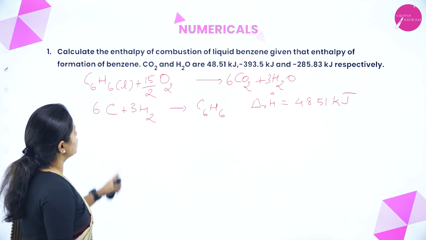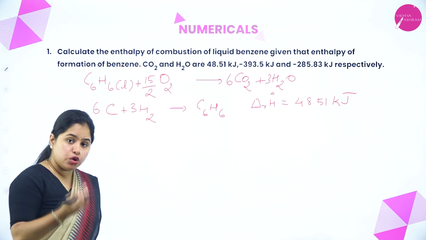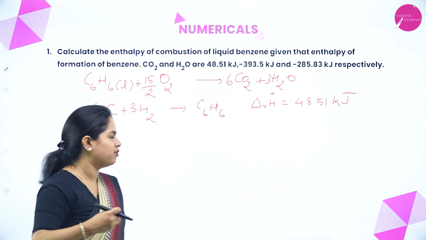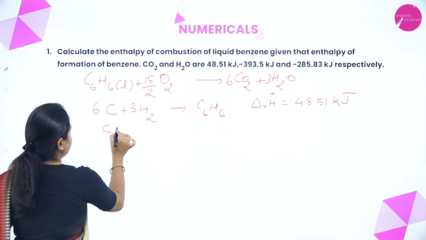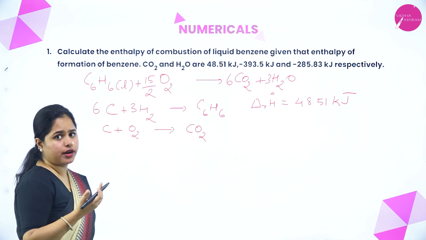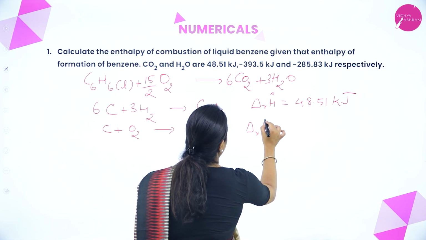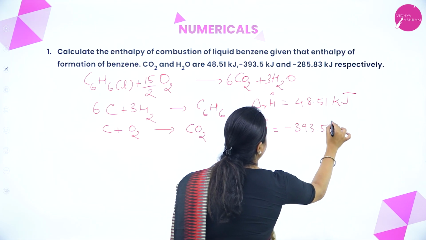Now moving on to the next one, the enthalpy of formation of carbon dioxide is also given. So you need to know the equations for the formation of carbon dioxide, formation of water, formation of benzene, all that. Okay. So the next one is carbon plus oxygen will give you carbon dioxide. So this is already a balanced chemical equation. So the enthalpy of this reaction is also given as minus 393.5 kilojoule.